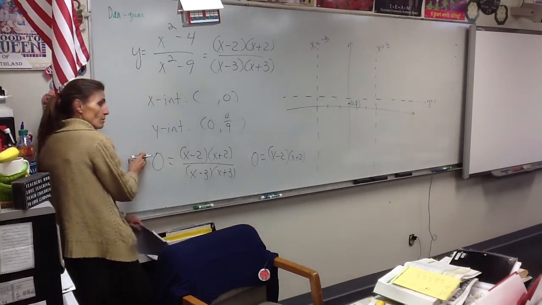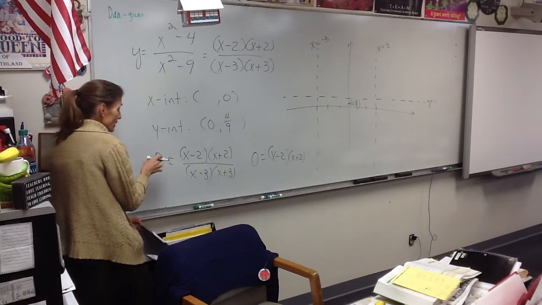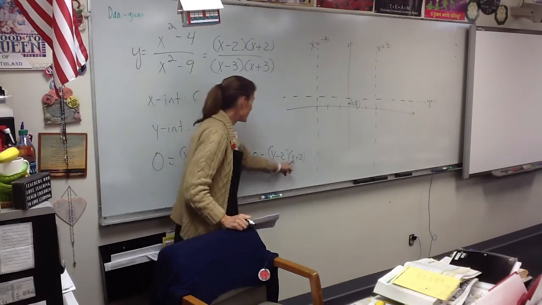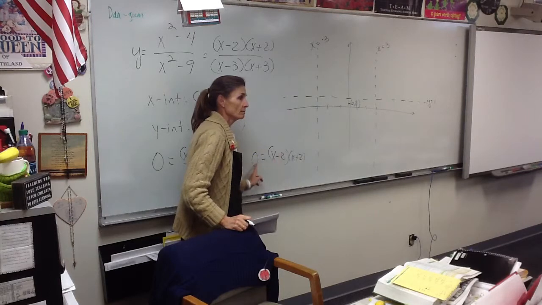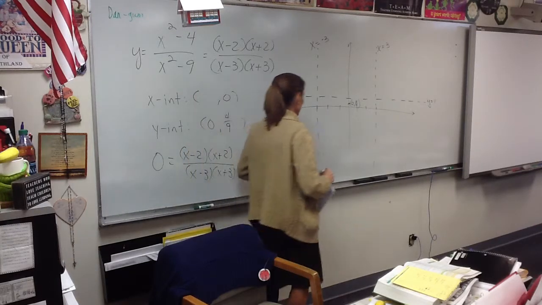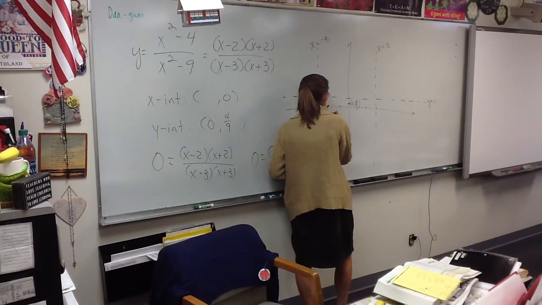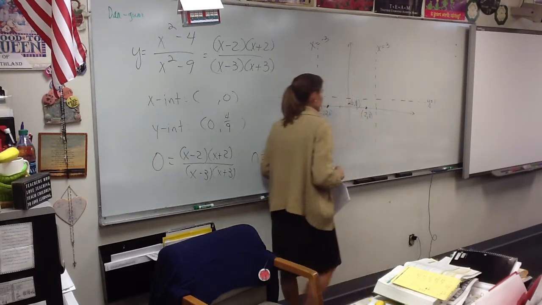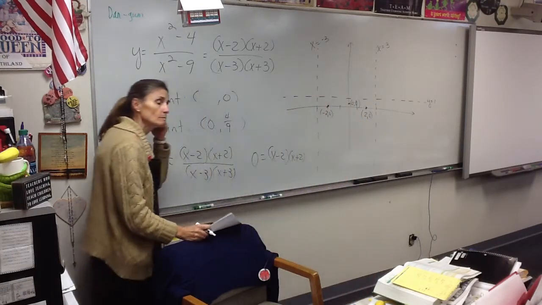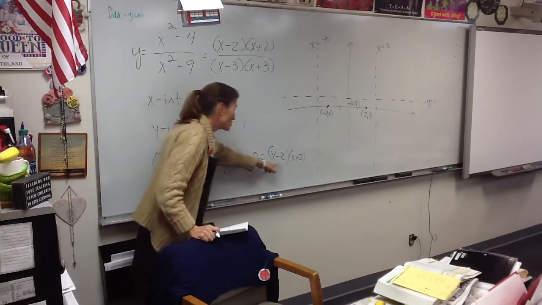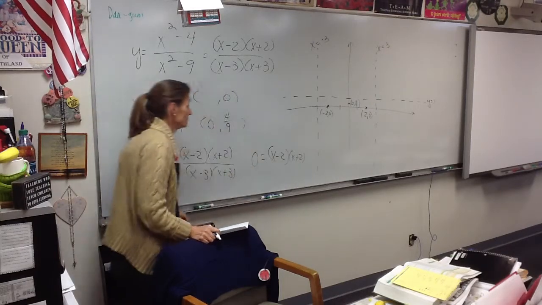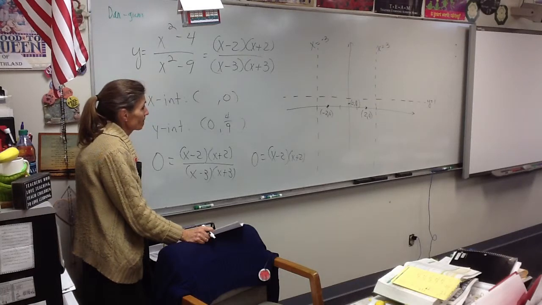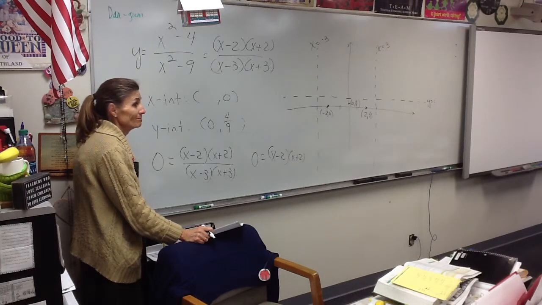This came over, gone. How would you get 0 here? What would x be? 2 or negative 2. So you have an x at negative 2 and an x at positive 2. Solve that equation, set them both equal to 0.